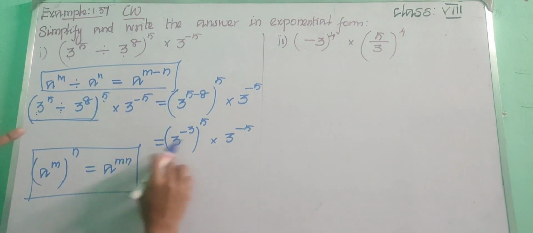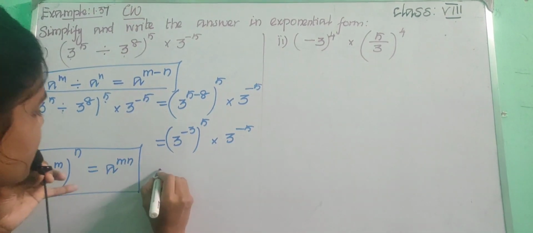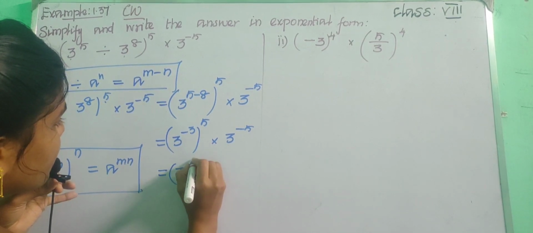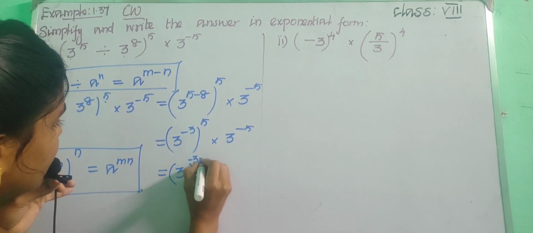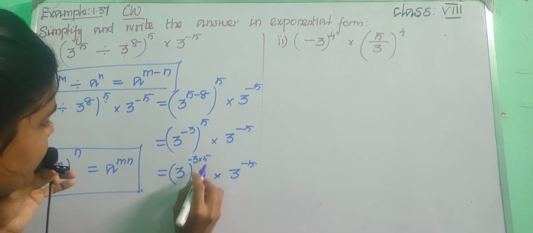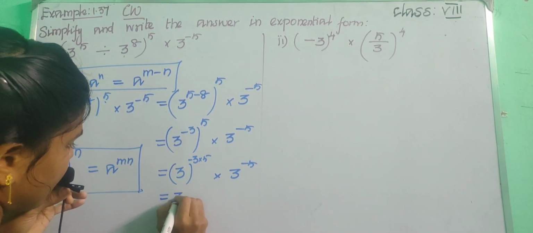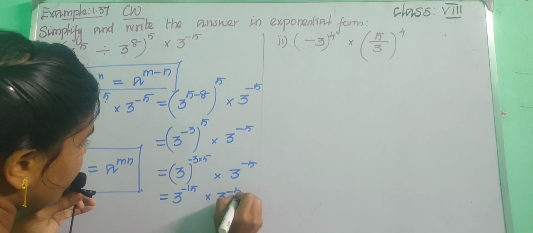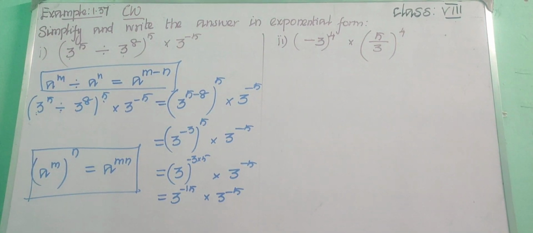So we can write this as 3 power minus 3 into 5, into 3 power minus 5. 3 5s are 15. So minus 15 into 3 power minus 5. Is it clear, children? So now we got this.